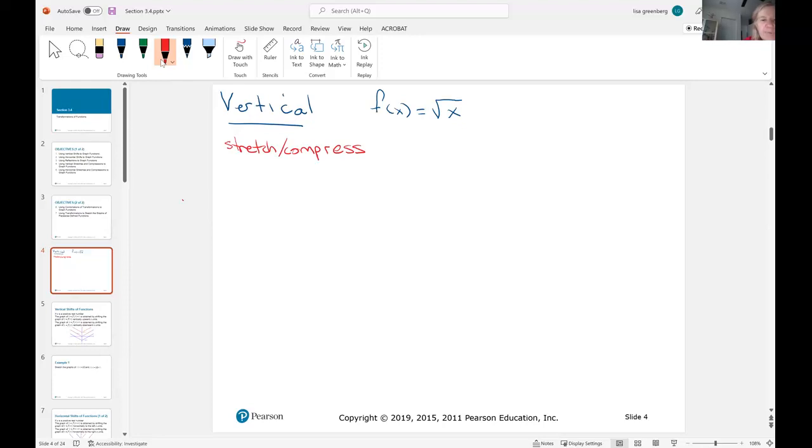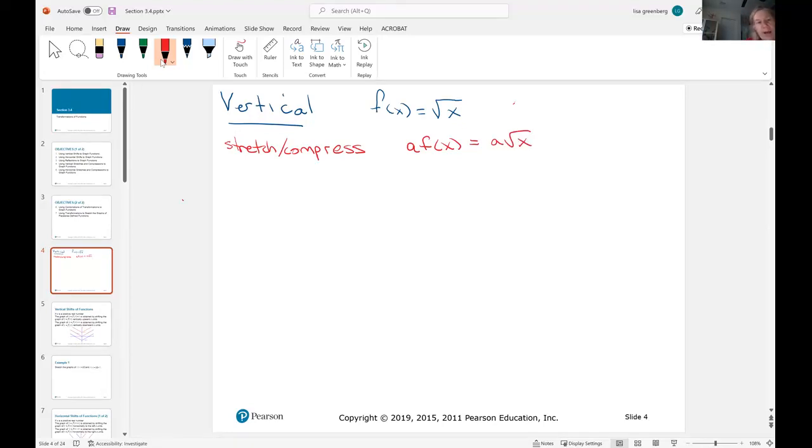Okay, so for example, if I were to say I have a constant, we'll call it a, then it's just like multiplying whatever the y value is by a. So if I multiply both sides of that by a, I would get a times the square root of x, right?